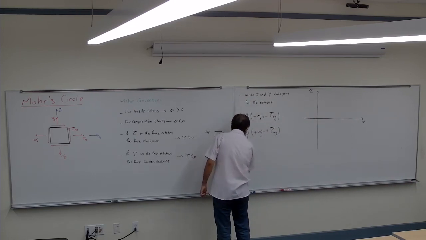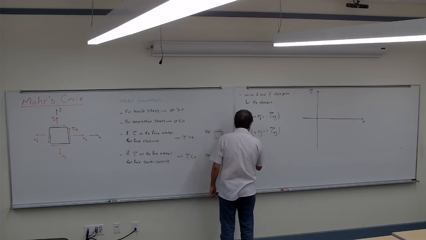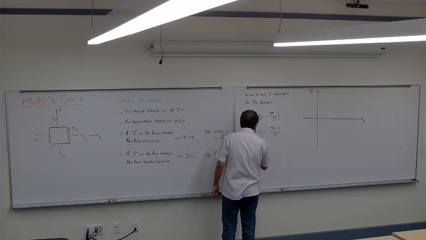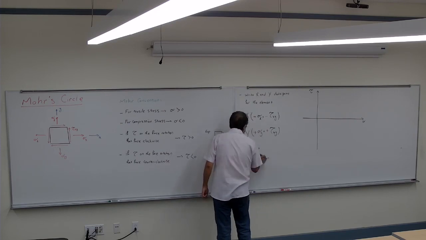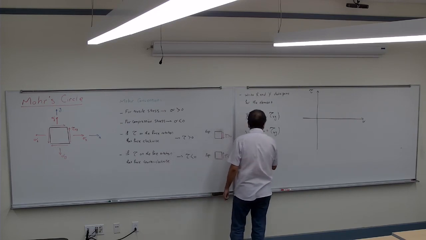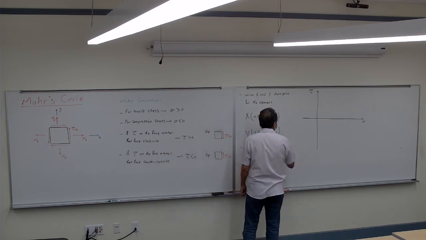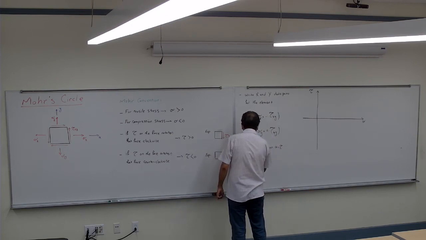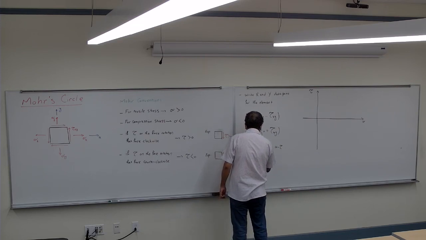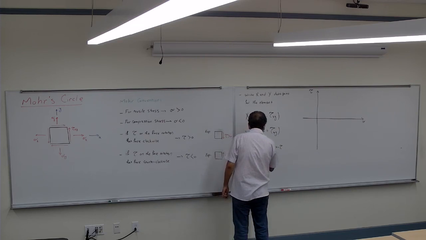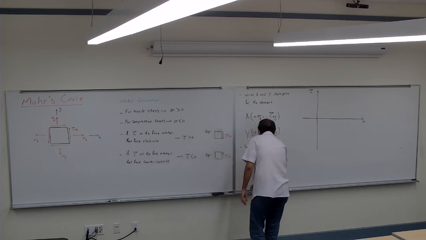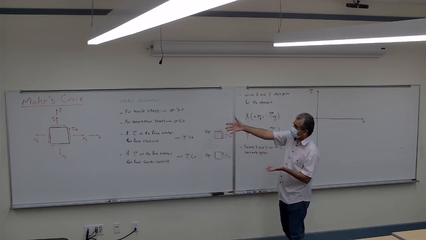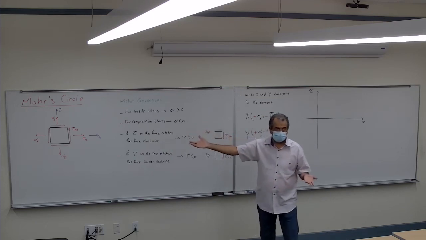So the next step is to locate x and y on the sigma tau coordinate. Again, this is for this element that I drew. I just drew everything positive there.